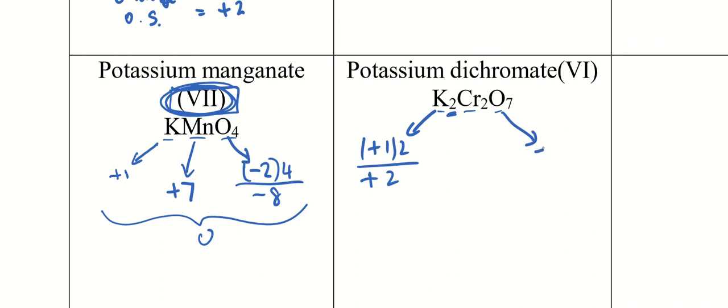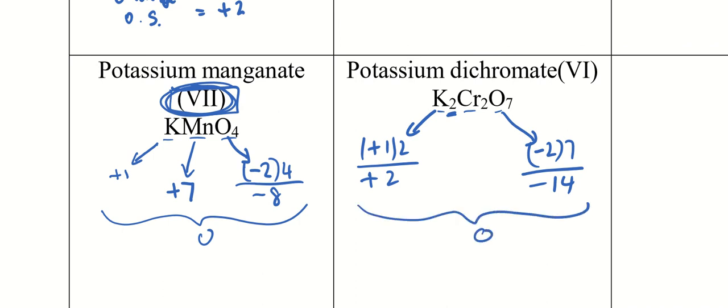Oxygen, negative 2 times 7, negative 14. Overall oxidation state of a compound has to be 0. Therefore, the chromium must give us plus 12.